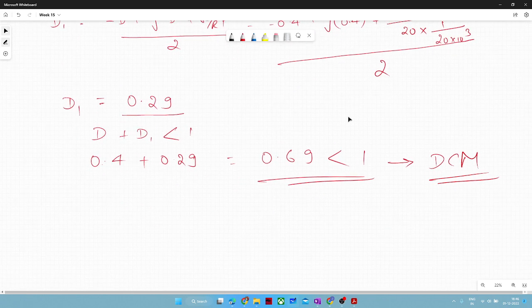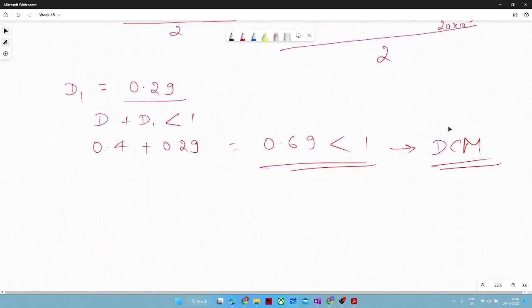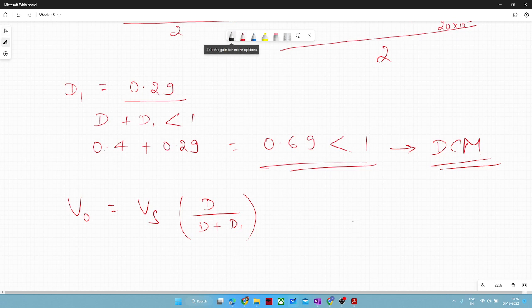Now, if we know it is in DCM, the question was to find V naught. V naught we can write as Vs into D by D plus D1. Earlier, if we did not check it, we would have written simply DVs.